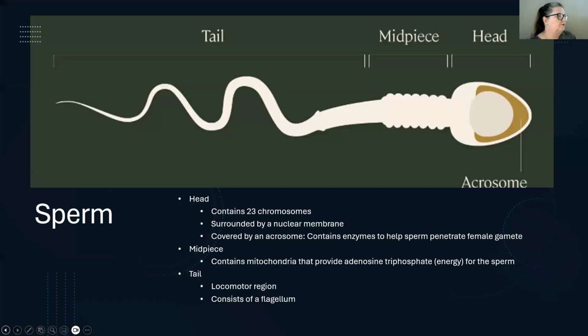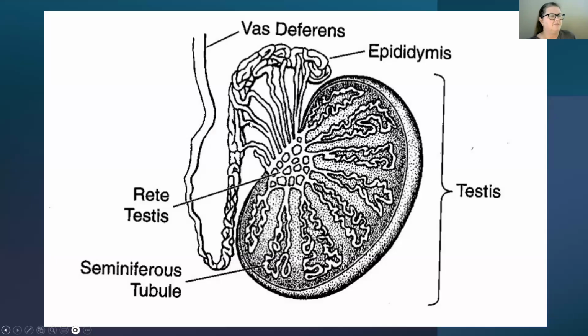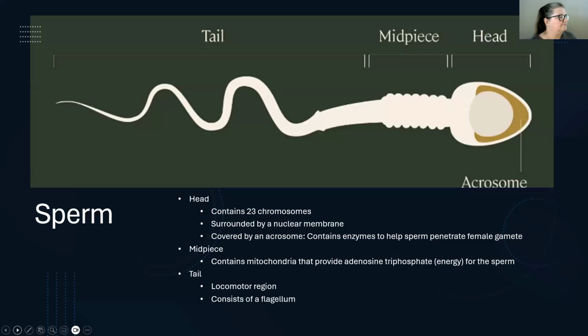And this makes sense, right? Because if the sperm cells are being created here, finish maturing here, and then are carried by way of the vas deferens to where they need to go to exit the body, if you cut this area, they can't go anywhere, and therefore it renders a man sterile.